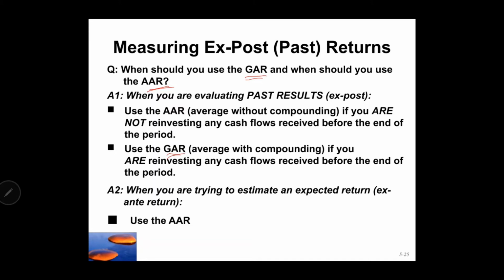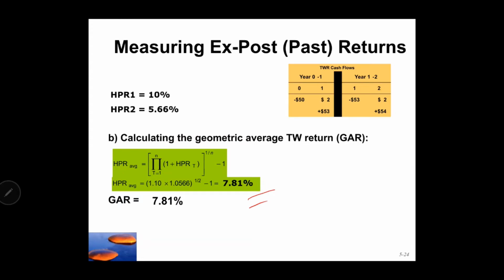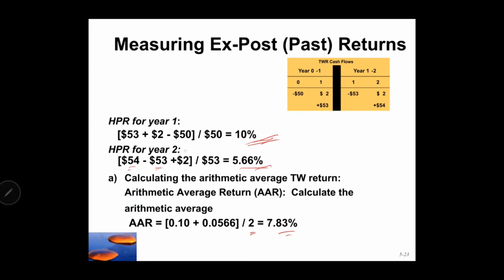So in the previous case, what we have done, we have reinvested this, right? But we are taking away the $2 dividends. So since $2 is not invested, my geometric average return is not accurate. So therefore it's showing on the lower side.